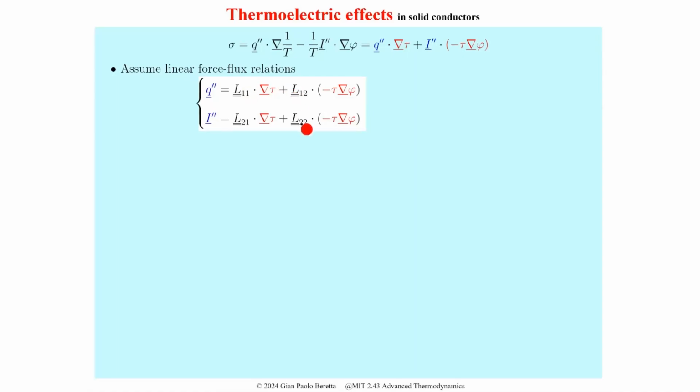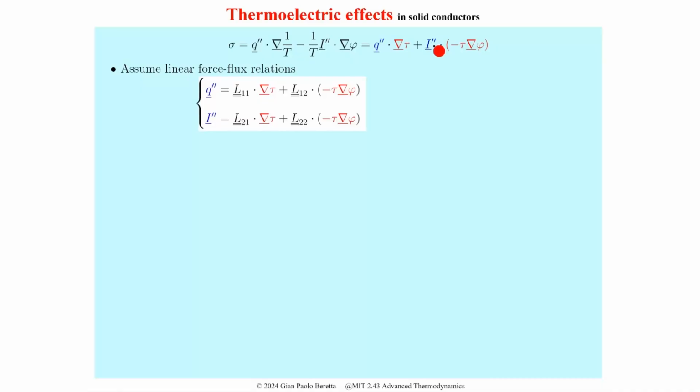Here we have added also relations with other tensors. So this would be instead the relation between electrical current. This is current density, so it's the flux of charge. I'm calling it now J double prime.